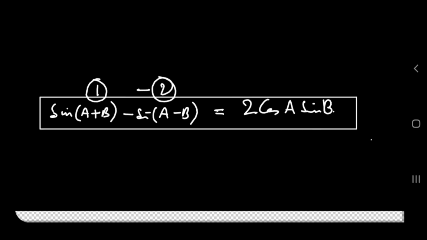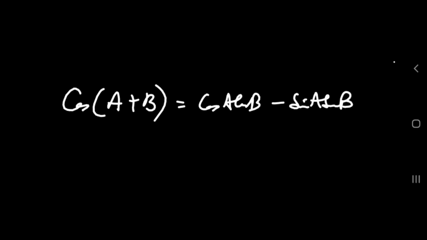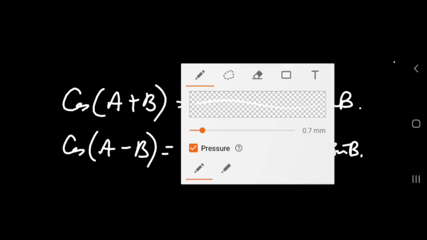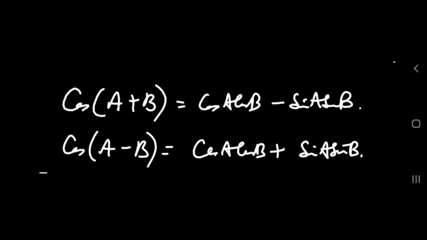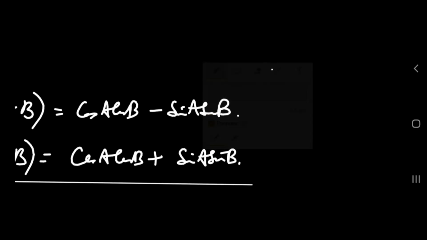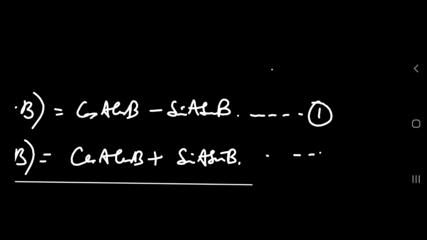Next we'll go across from cos. Now tell me, cos(A+B) = cos A cos B − sin A sin B. Cos(A−B) = cos A cos B + sin A sin B. Let me make the numbers: this is 1 and this is 2.